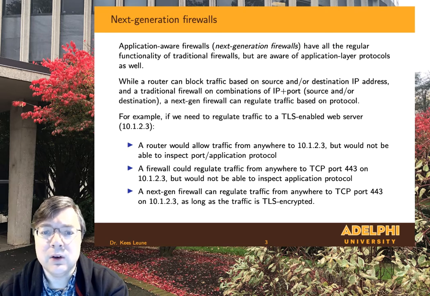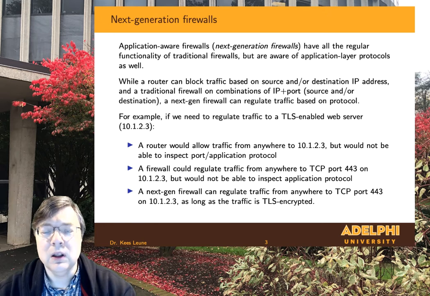And that means that they can do everything that a traditional firewall can do, but they can also now go into more detail. So for example, I can specify in an application-aware firewall's configuration that I only want, say, TLS traffic going to TCP port 443.